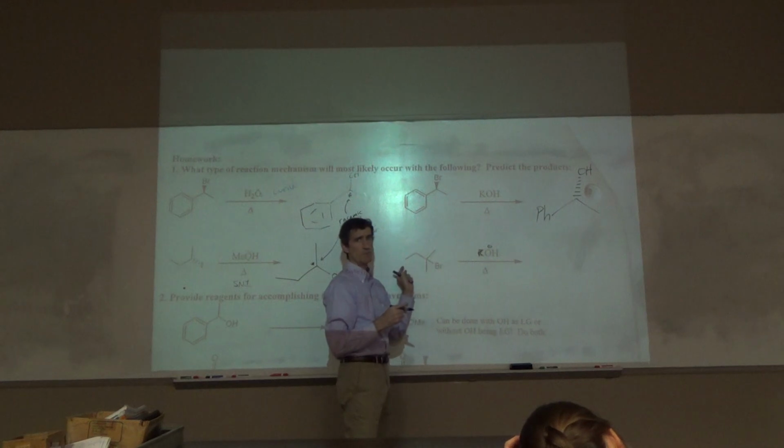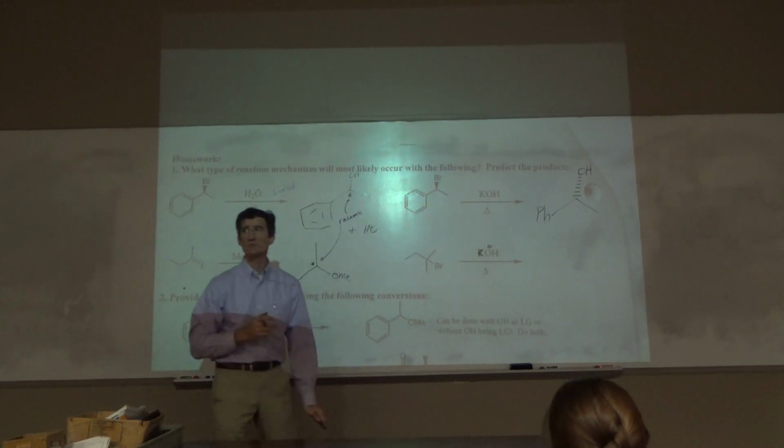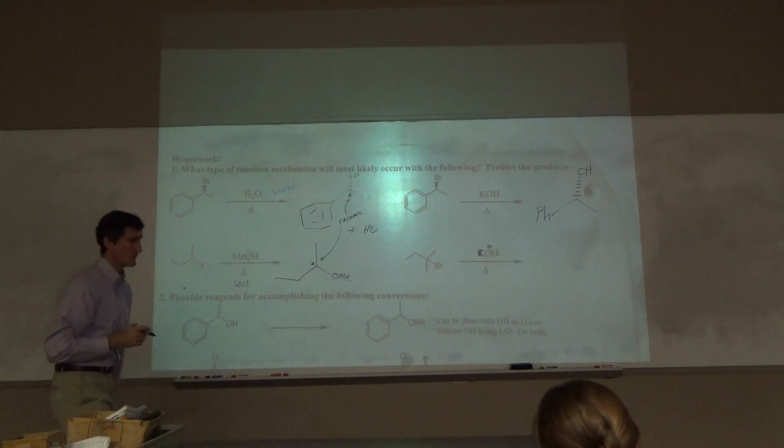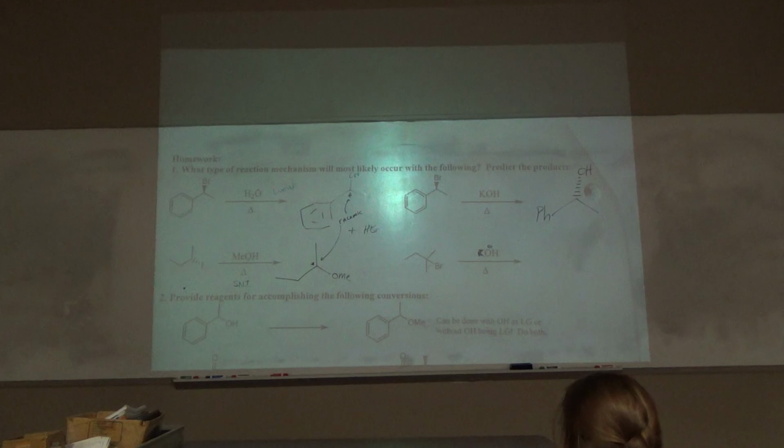Here I come, I'm going to do something. Too late, you don't have time to ionize. Did we say that on the summing up page? What does it say with a strong nuke? The reaction will be bimolecular. That's SN2.